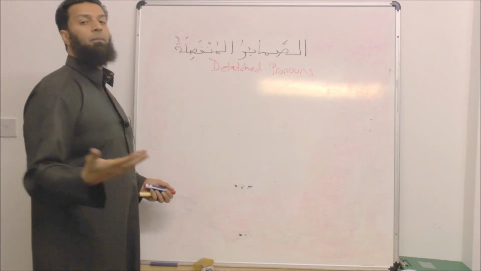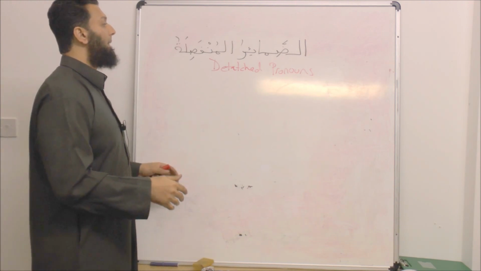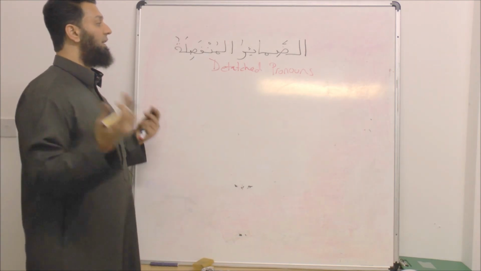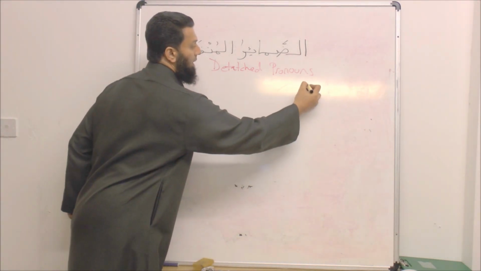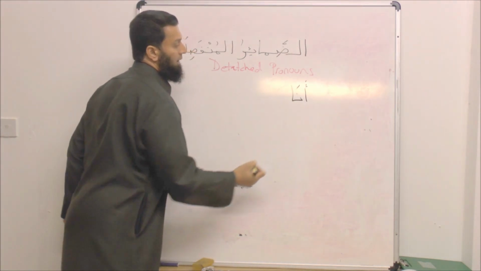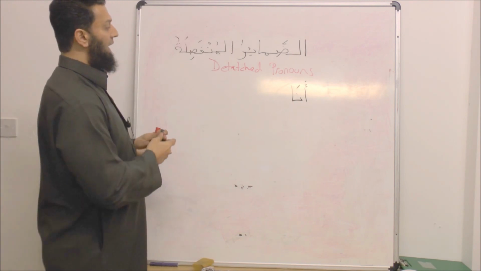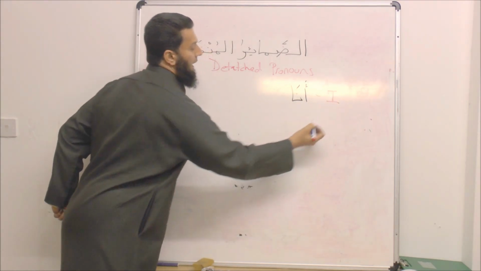Well, there are a number of them in Arabic. We're not going to mention them all, just the ones that we need for this lesson. And the first, and perhaps the most important, is when you're speaking about yourself. And that is ana. So in Arabic, if you want to say I, you say ana. Write that here, ana.